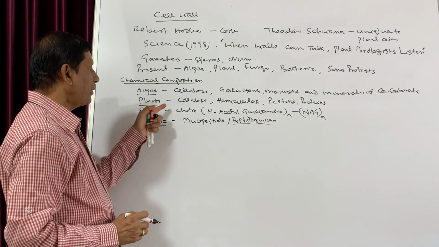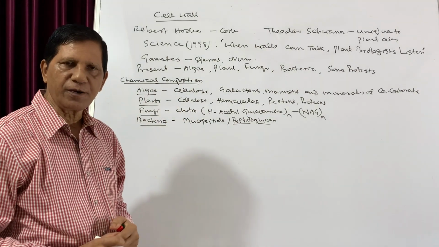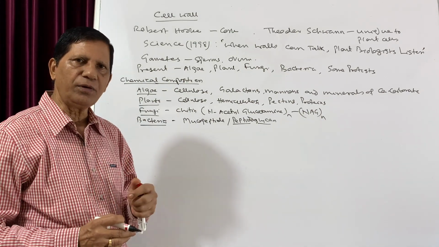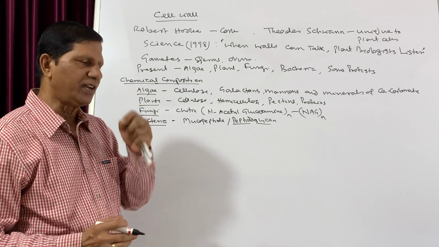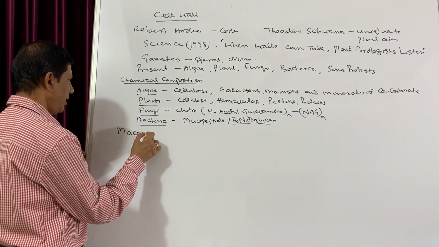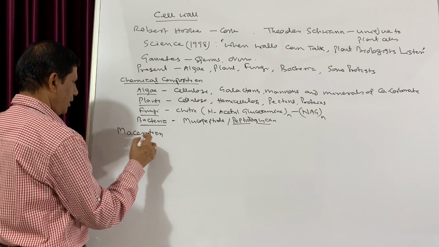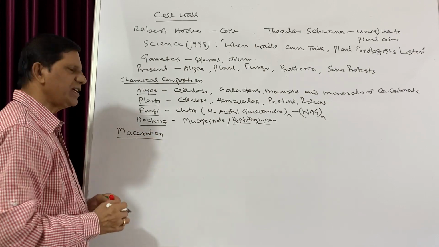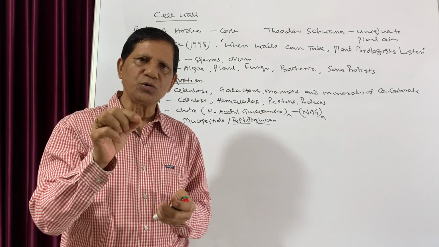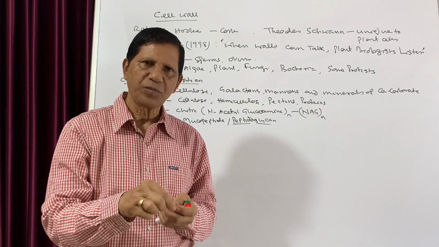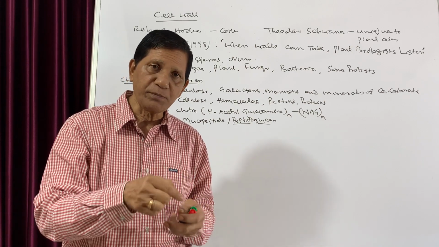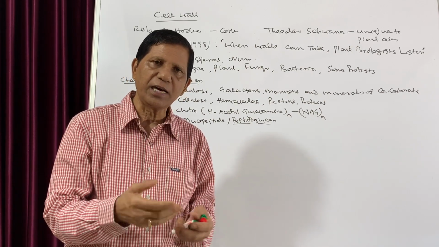Now, what are the different structures and how are they present? How can it be known? It can be known if maceration is done. So, what is this maceration? Maceration means if you dissolve a tissue in some acids, then everything will be dissolved, and the substances present within the cell wall can be easily noticed.